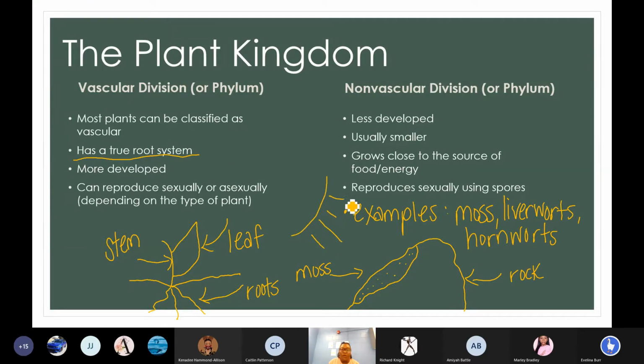It's got to be able to see that sunlight to be able to make its own food or it'll die. And it's going to be near water. So I can bet there's going to be some water here, so the moss can soak that water up.